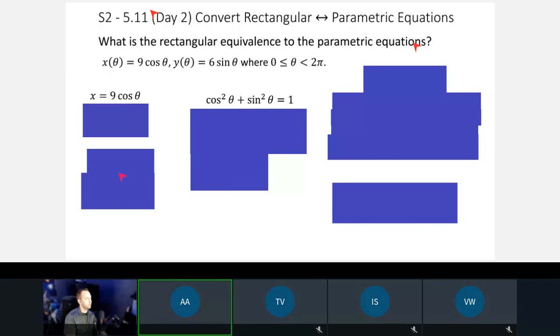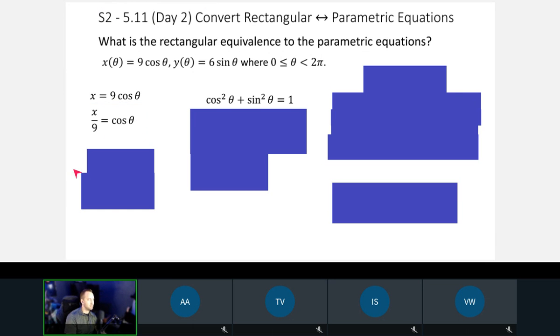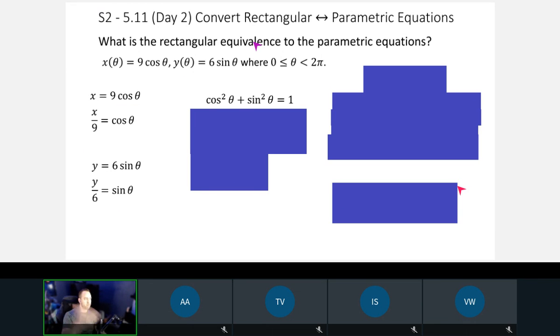Yep. So Antonio's saying you need to solve for cosine theta and sine theta for both equations, and that's what he did. So same thing with the other equation, y equals 6 sine theta. You're going to divide both sides by 6, and that's how you get this. So for these problems that involve trig identities and you're converting from parametric to rectangular, you have to use this trig identity.